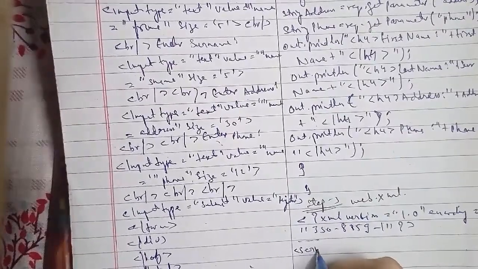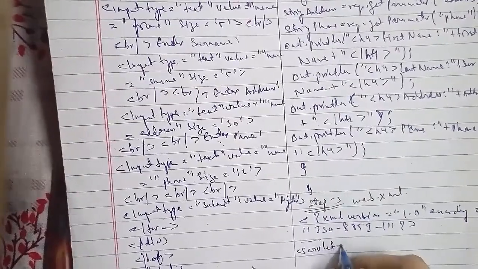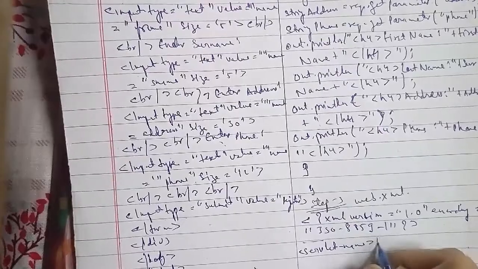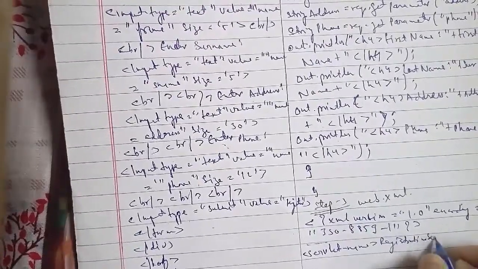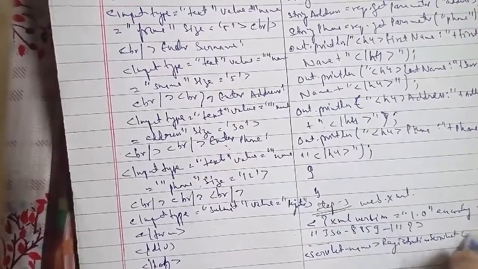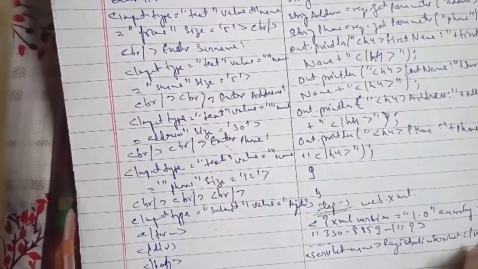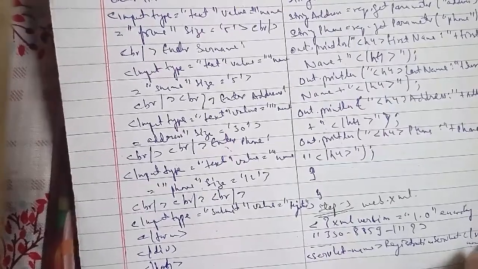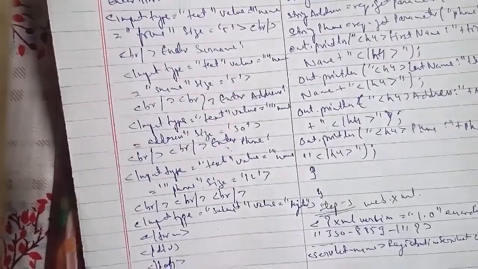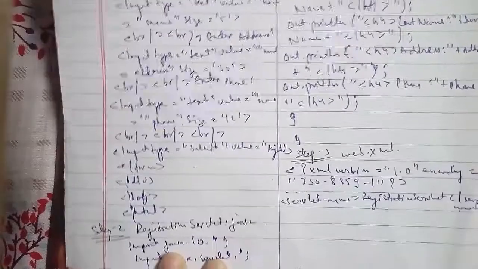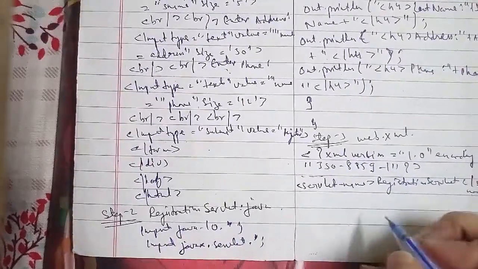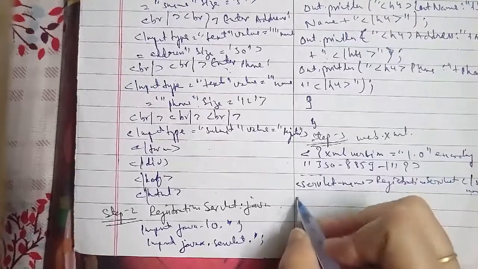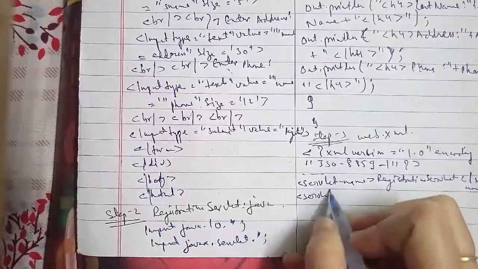And after this we have another one, that is servlet class, registration servlet, and then servlet class as well. Then a servlet tag close.